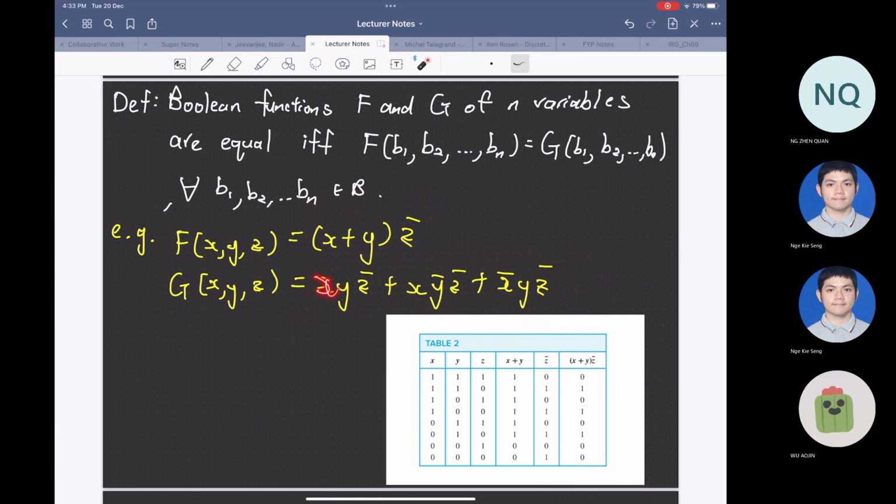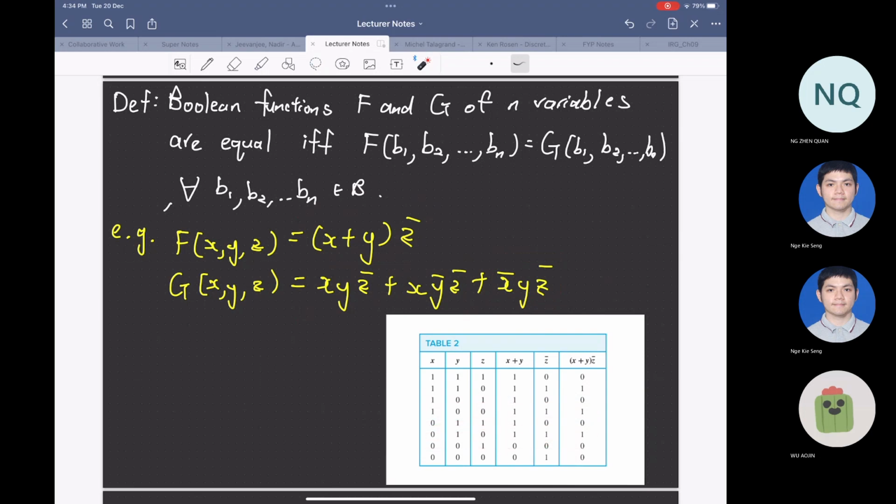So for example, x y z bar. X y z bar only gets a one at this spot here, so it is all zero at the other spots. Then x y bar z bar only gets a one here. And then x bar y z bar only gets one.